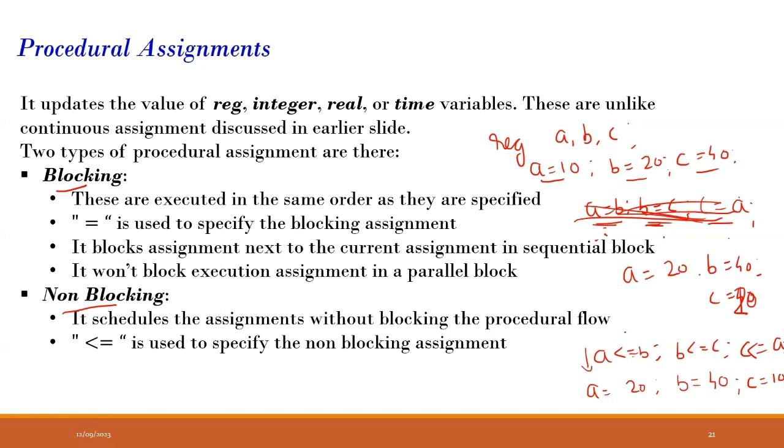Sir, if I write a combination of A equal to B and A less than or equal to B, clubbing blocking and non-blocking, how is it going to execute? Then first you have written A equal to B, right? So it will first run that code and then run the next set of code.